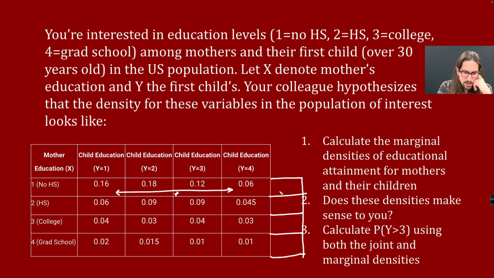So here we have, let's do 18 and 12 is 30, and 16 is 46, and another 6 is 52, right? So this is going to be 0.52. And then down here, we have 9, and 9 is 18, and another 6 is 24, and then another 4.5 is 28.5.